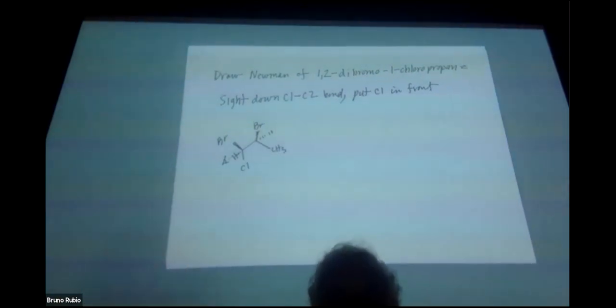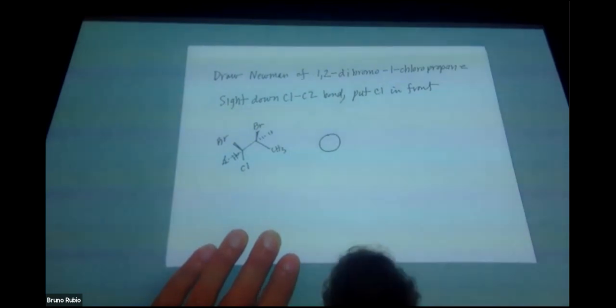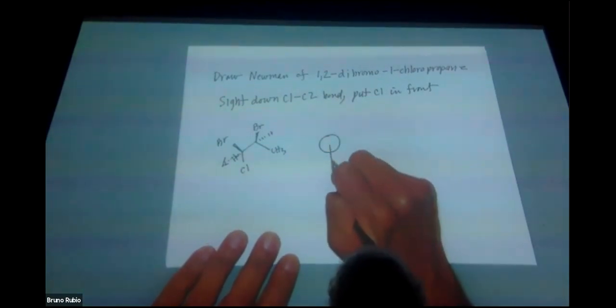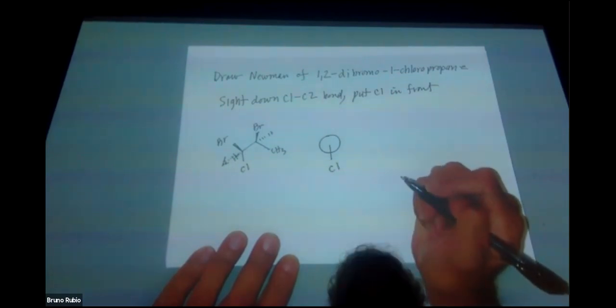Okay, and I'm sighting down the carbon-1, carbon-2 bond, and I draw this imaginary disc, and the carbon in the front, that's going to be carbon-1. I can see everything bonded to it, so maybe I see the Cl poking down like that.